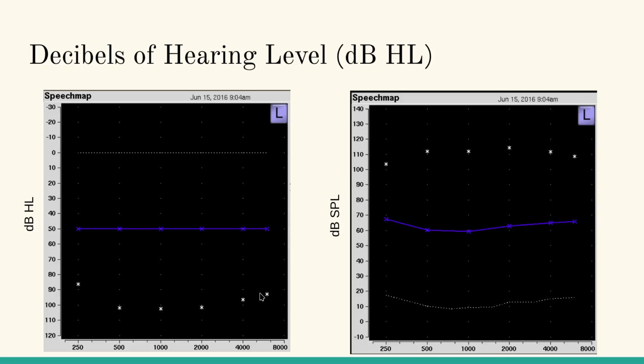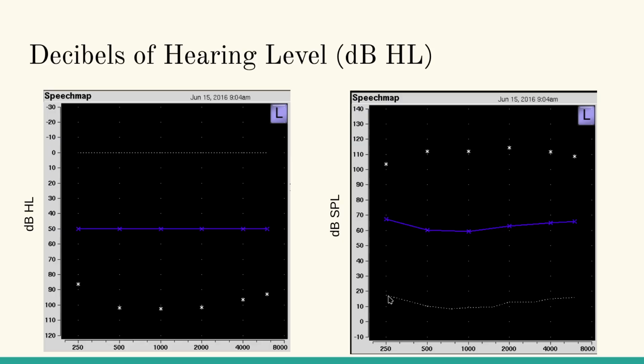Now, if we were to convert this to dB SPL, there are two things that would change on this graph. One, you would see the curve would no longer be completely flat, because we saw that the RETSPL values varied depending on frequency. The other thing that changes when we talk about dB SPL on a hearing aid verification unit is that the y-axis gets flipped upside down. 0 is at the bottom and 140 is at the top.